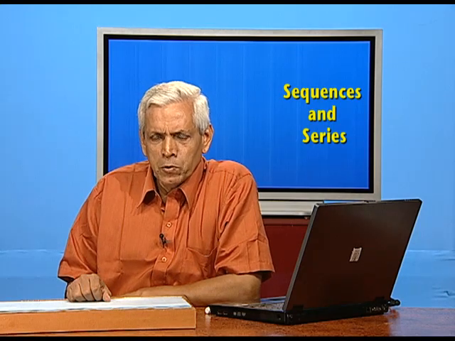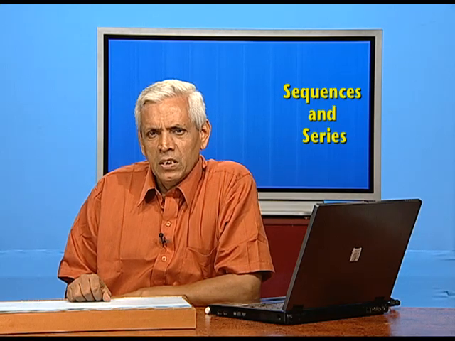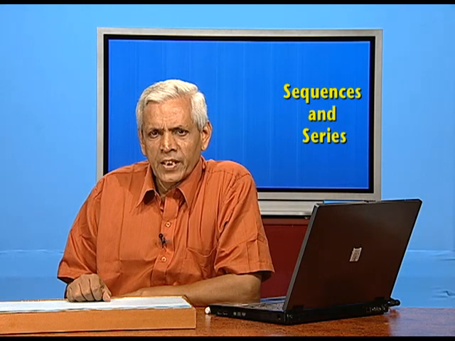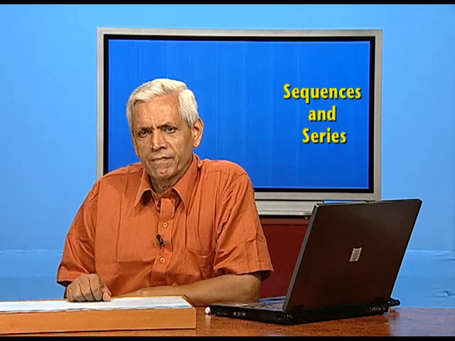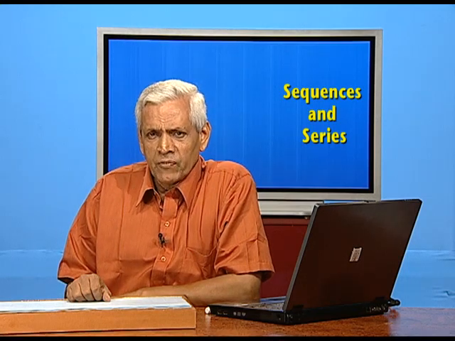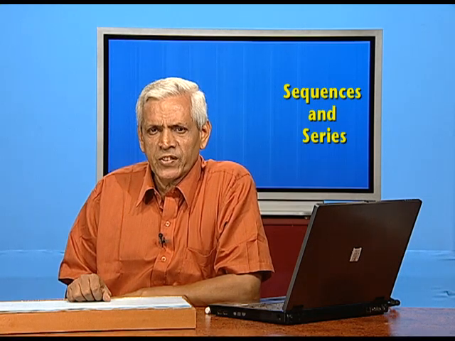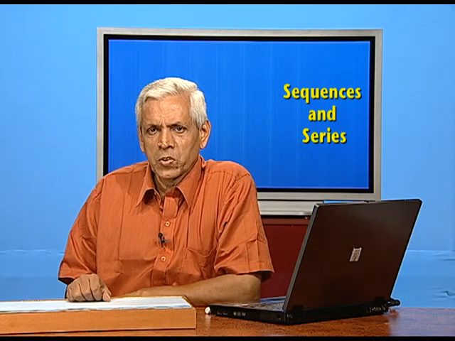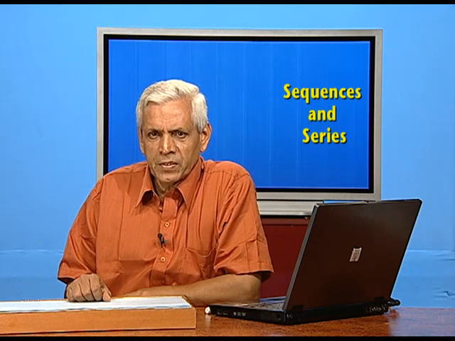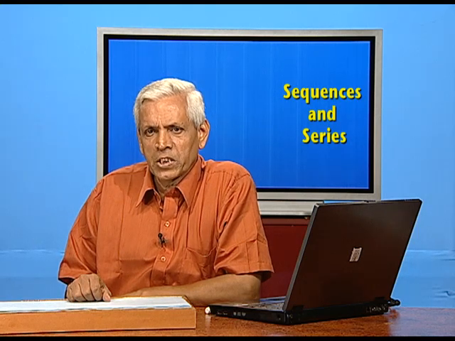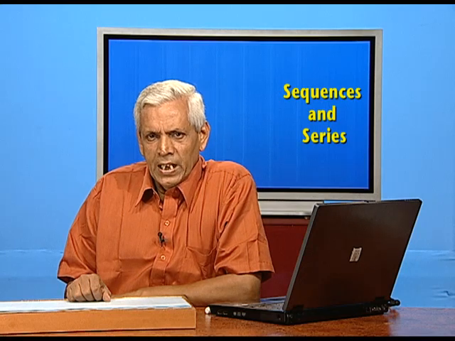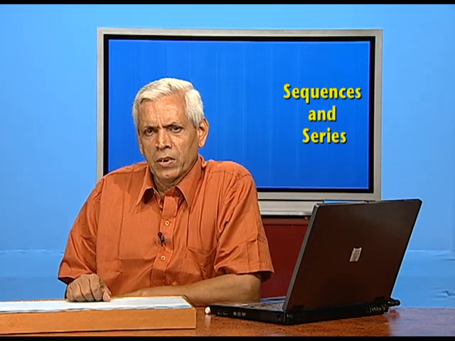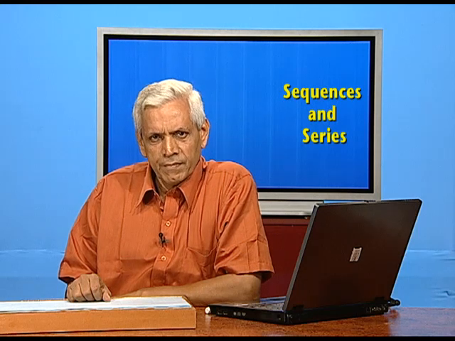We have proved a formula for the general term, namely Tn is a plus (n minus 1) d. We have also worked out a formula for the sum of first n terms, namely Sn is equal to n by 2 times (2a plus (n minus 1) d). With the help of these two formulae, we can solve almost any problem of AP. Thank you very much.